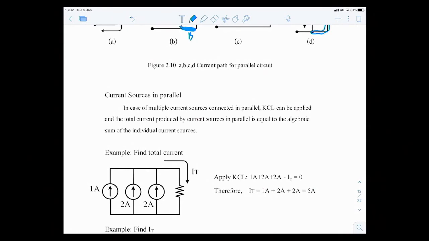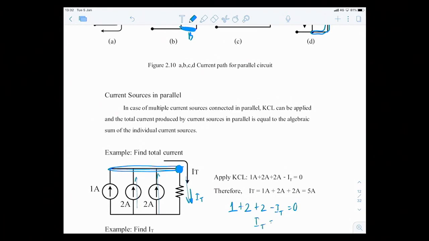You think of it as this being one node right here, the same node. IT is leaving like this, and we want to find IT. Well, you can see that 1 amp is entering, so plus 1. 2 amps also entering, so plus 2. These 2 amps also entering, plus 2, but IT is leaving the node, so minus IT equal to 0.